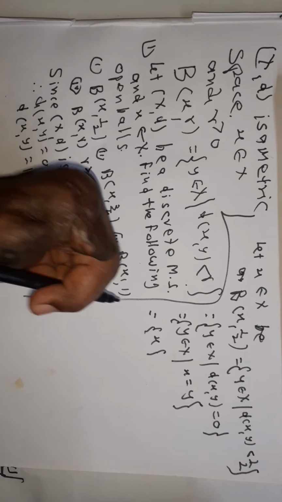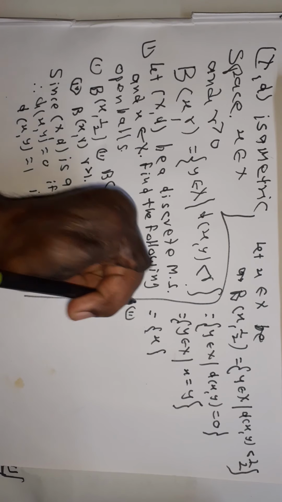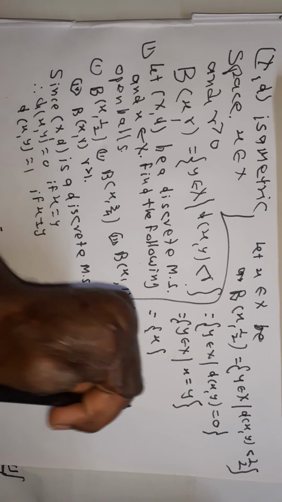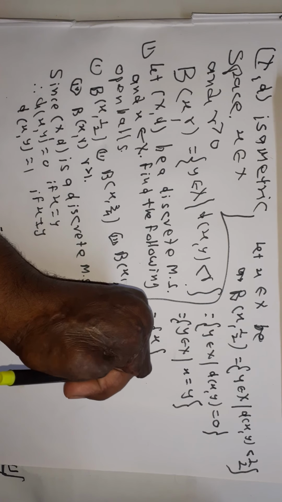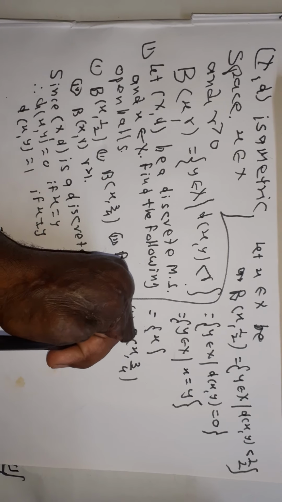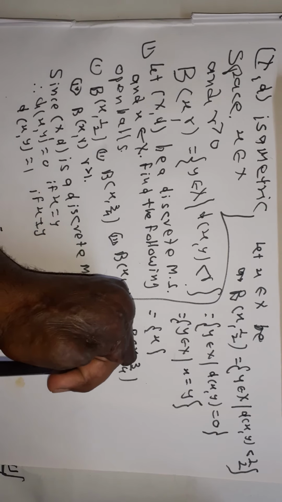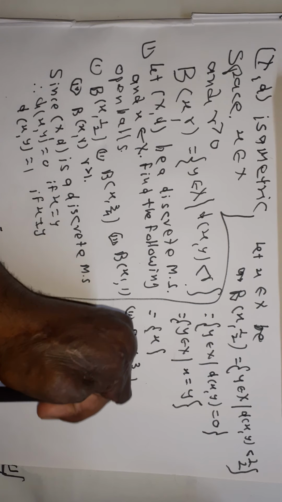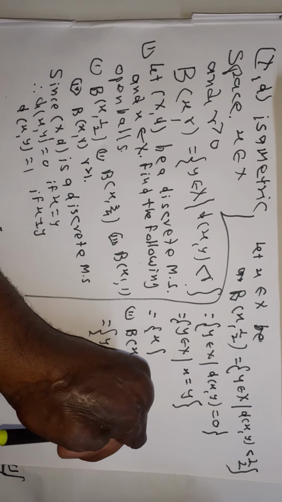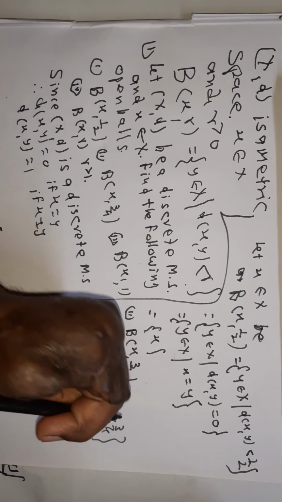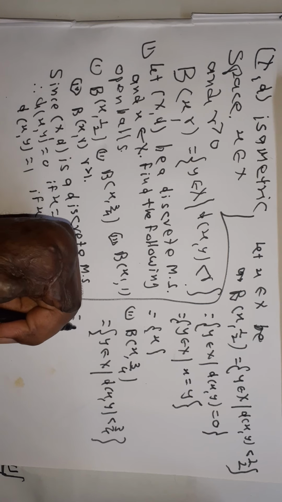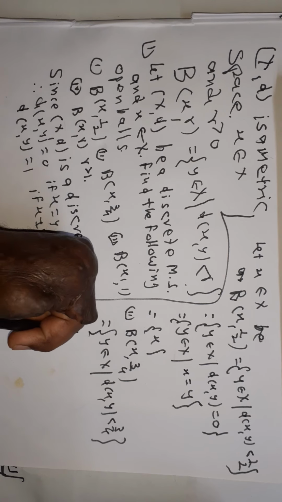Now, second example, the open ball centered at x and radius 3 by 4. It is the set of y belong to X such that the distance between x and y is less than 3 by 4. Therefore the distance between x and y is equal to 0.